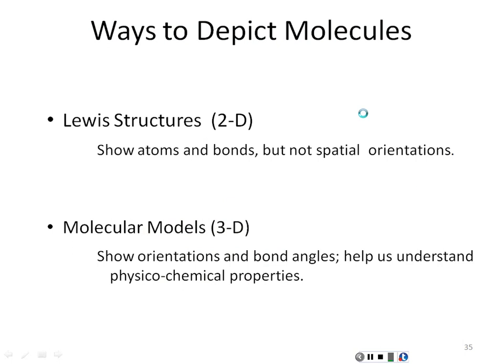We have different ways to depict molecules, and in the first part of the lecture we talked about Lewis structures, and those are in 2 dimensions. They show atoms and bonds, but they do not show spatial orientation or 3-dimensional shapes of molecules. That's where molecular models come in, which are actually 3-dimensional. These show the orientation and the bond angles, and they really help us understand the physicochemical properties of the molecule.